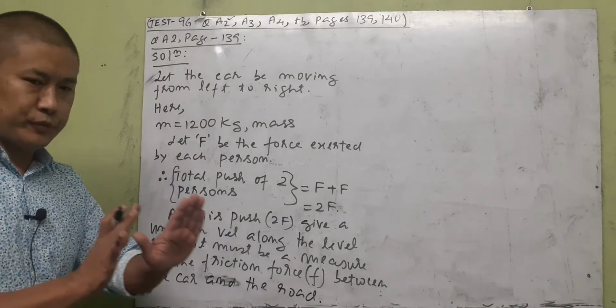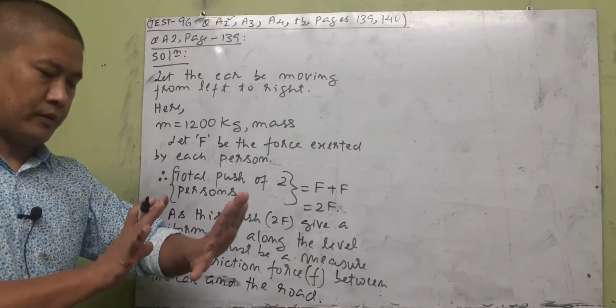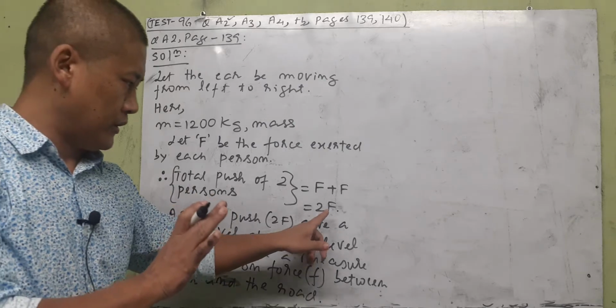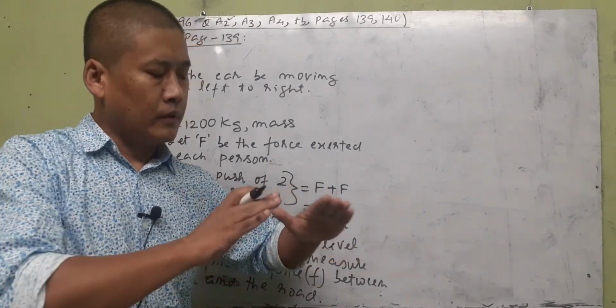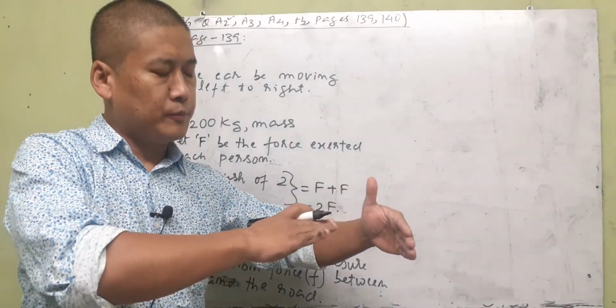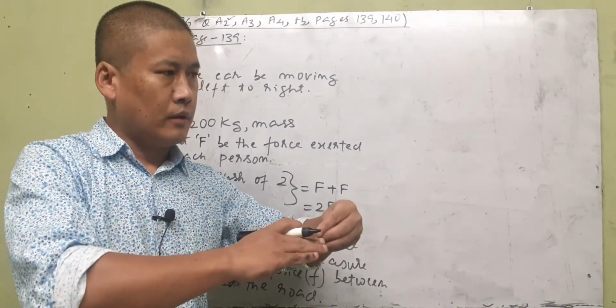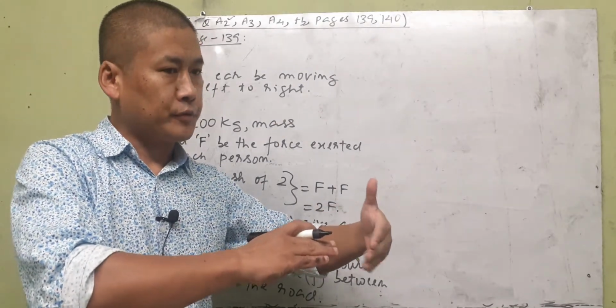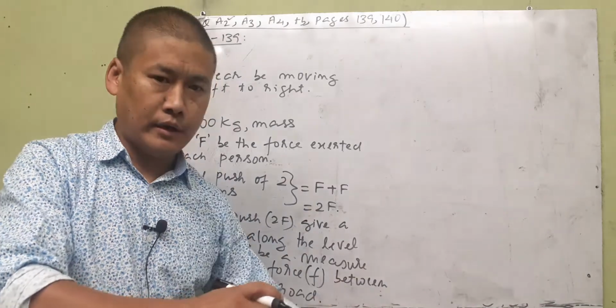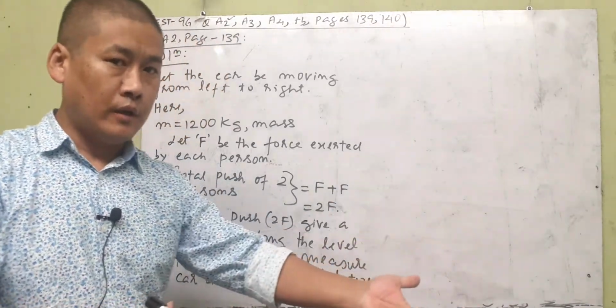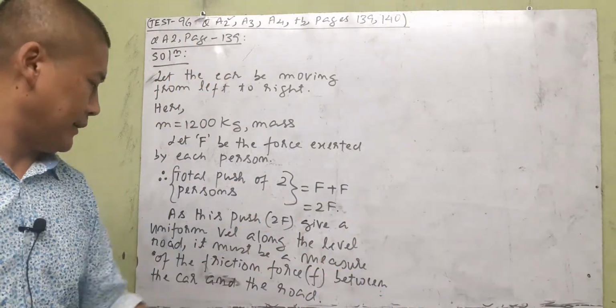So when two persons push, with their full effort, equal F, with this 2F, two persons' push, the car begins to move, yes, but it is moving in uniform velocity, meaning obviously there is the force which is overcoming the friction between the tire and the road, because there is no increase in velocity, there is no acceleration.